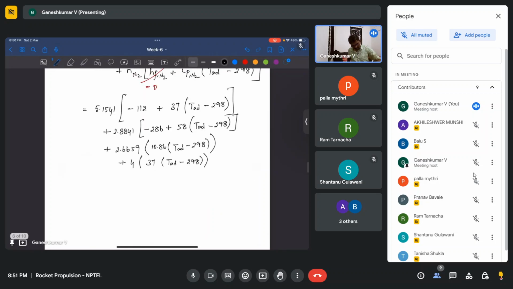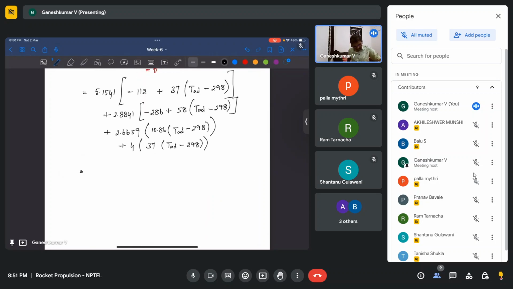Now if you just add this up, we'll keep T adiabatic minus 298 as such.